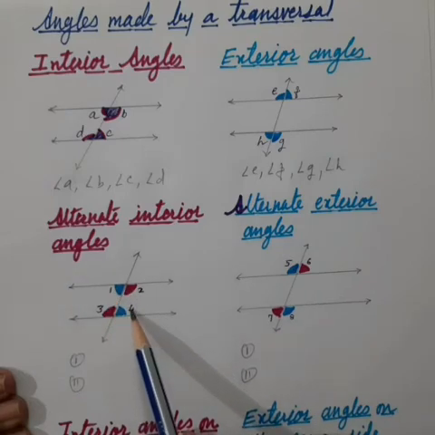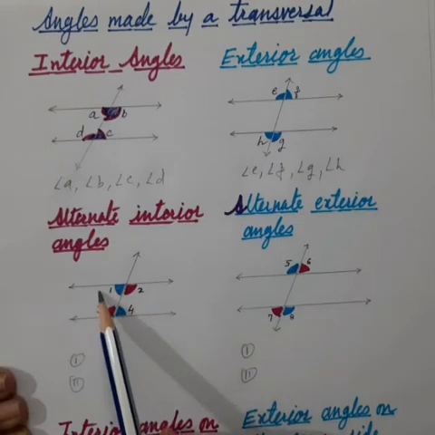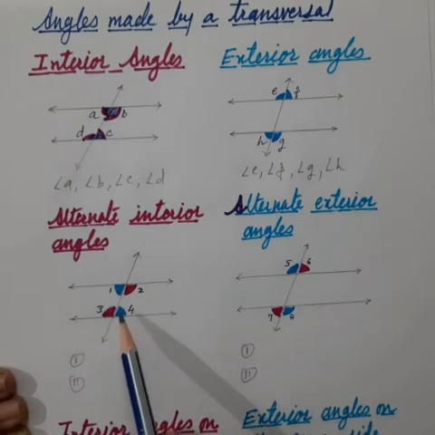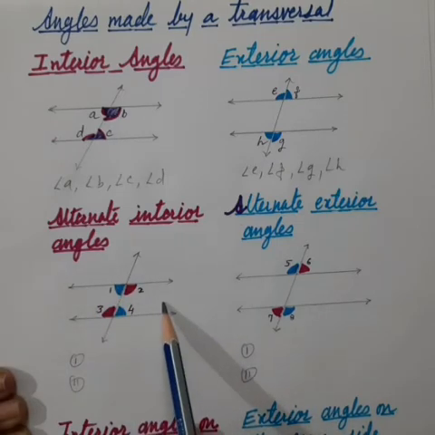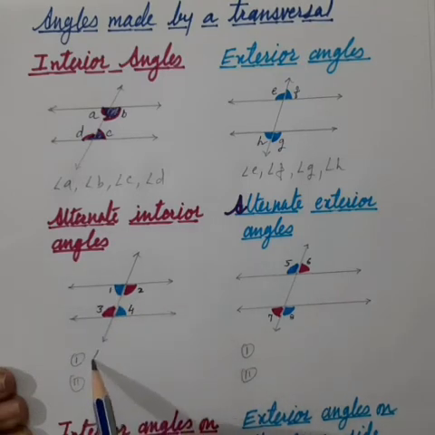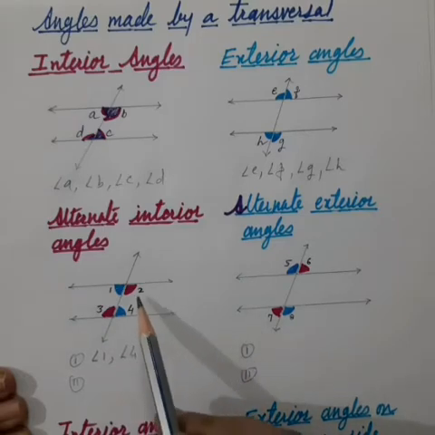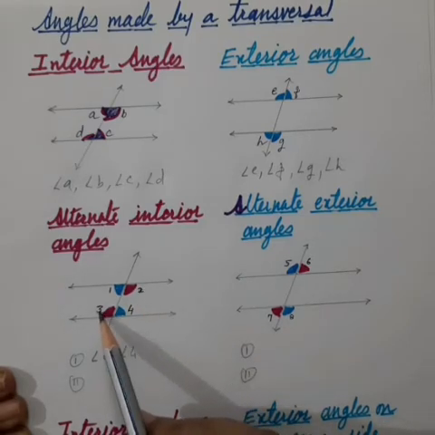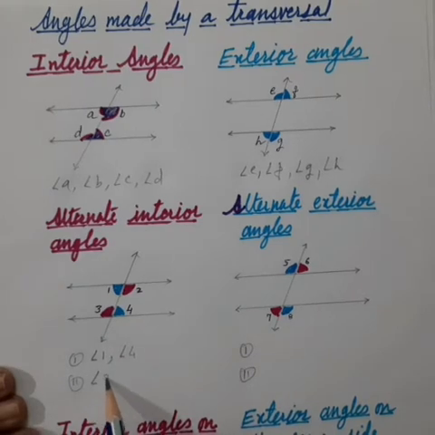Both are interior angles and one is on the left side of the transversal and the other is on the right side. So angle 1 and angle 4 are alternate interior angles. In the same way, angle 2 and angle 3 are also alternate interior angles.